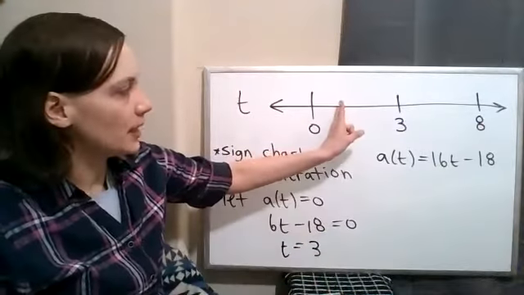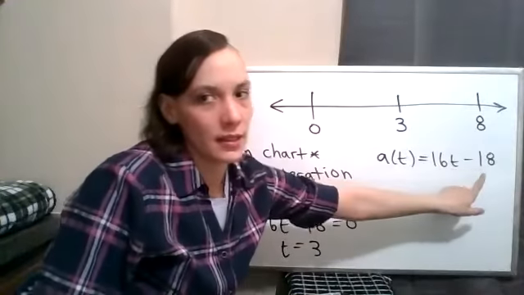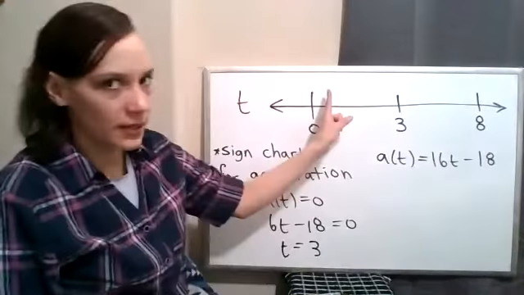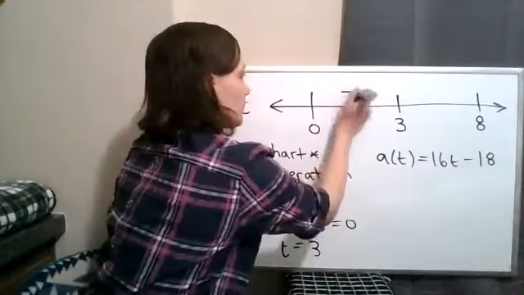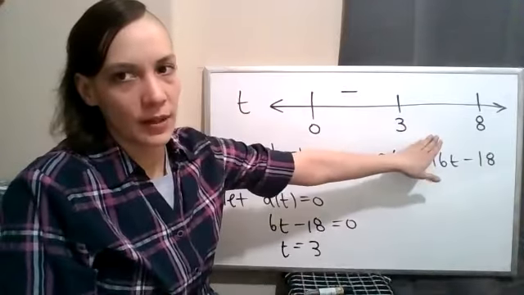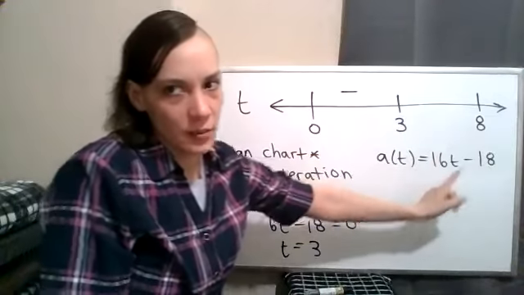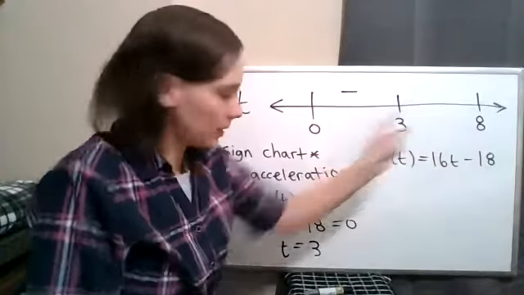Okay, let's put in something like 1, and we'll have 6 times 1 is 6, subtract 18, so that's a negative sign. Now over here, test a number like 4. 4 times 6, subtract 18 will be positive.